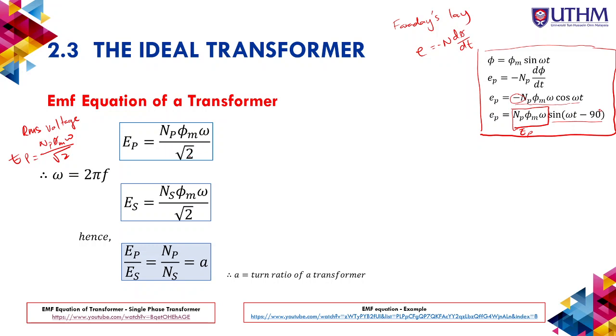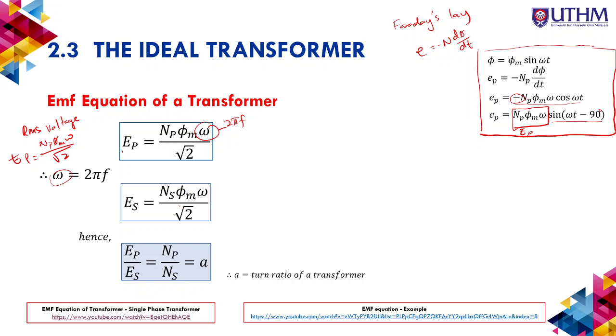So why root 2? Because of the RMS value. We can make it simpler because we change the omega to 2 pi f, so we can simplify. I think we get 1.44 something, but it's okay, we can write it like this.